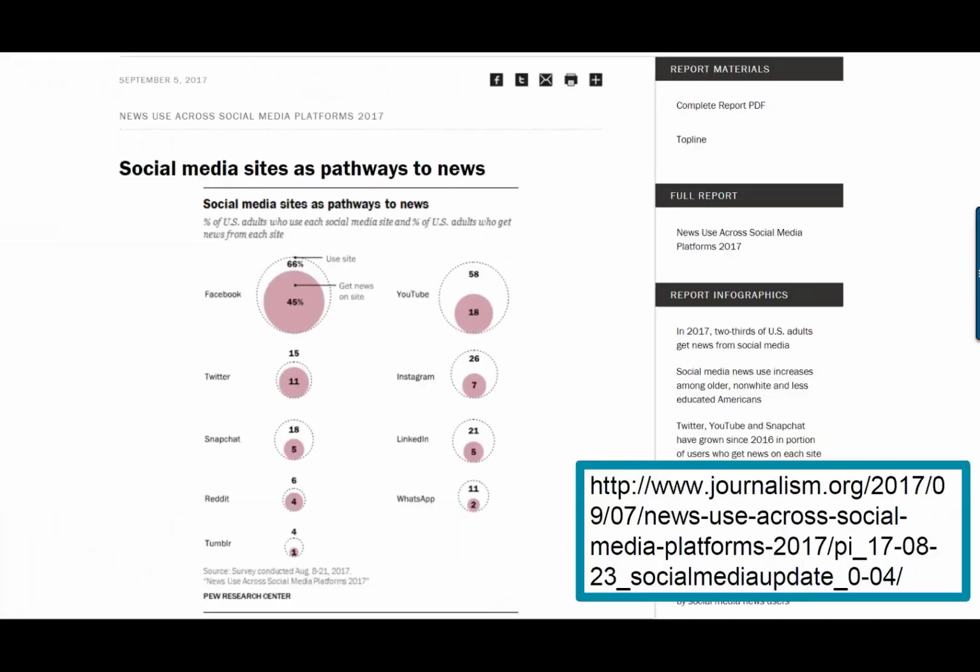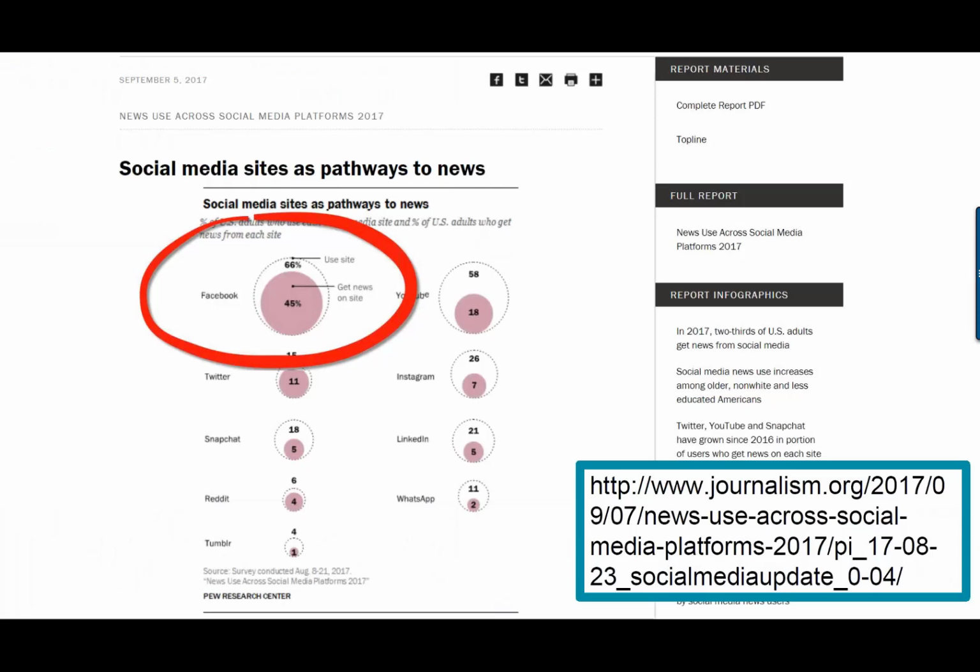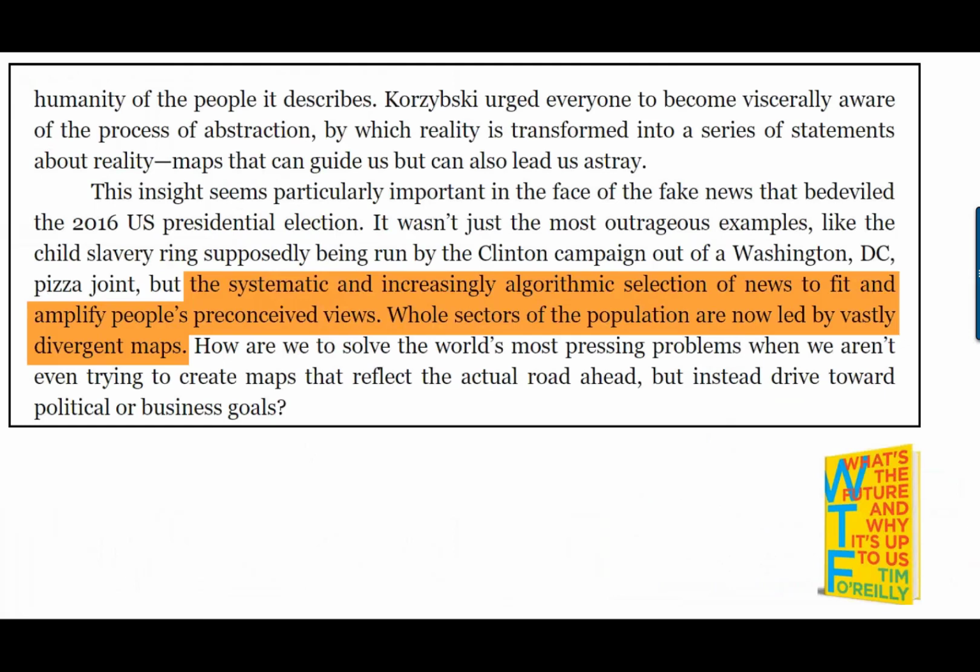And social media and news recommenders are certainly a big part of this. Sites like Facebook are becoming a primary source of news for almost half of the people in the U.S., which means that a lot of people are getting their news from the Facebook recommender, which is designed to give you news that you like, largely, or seems to be.